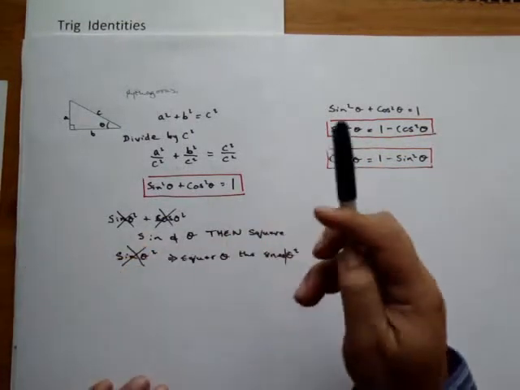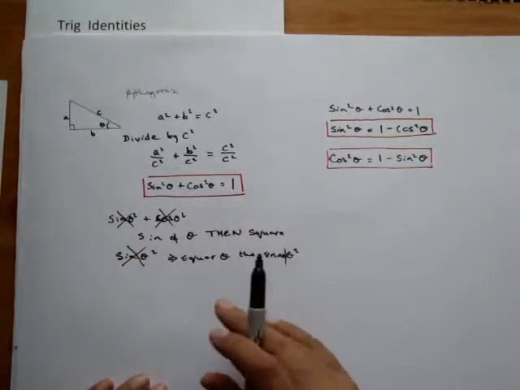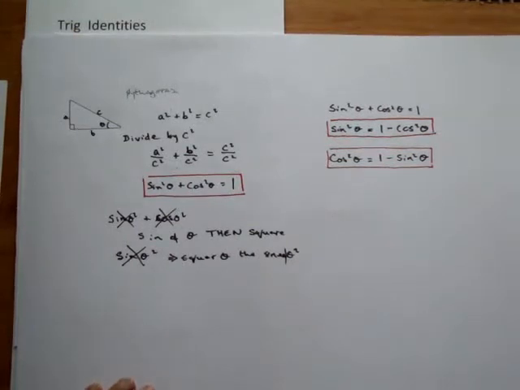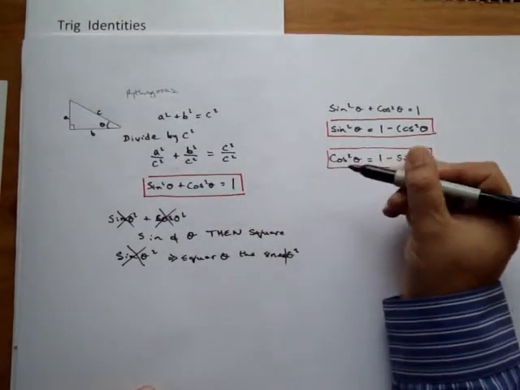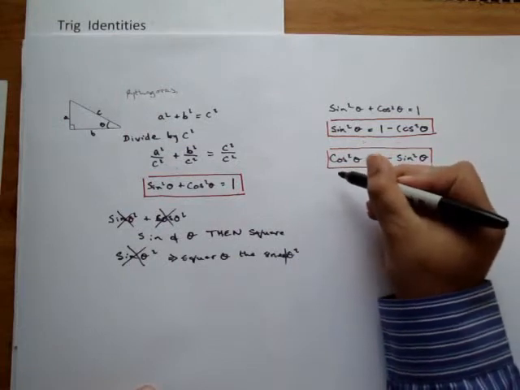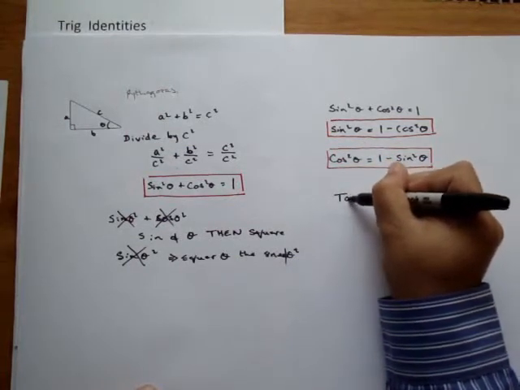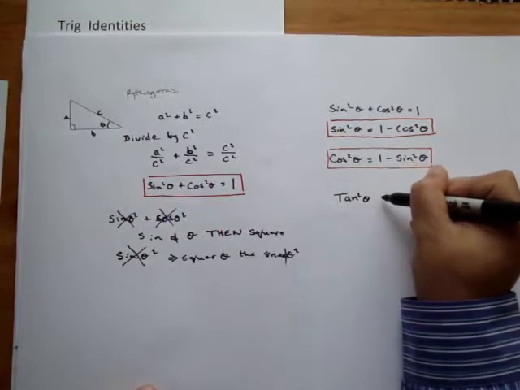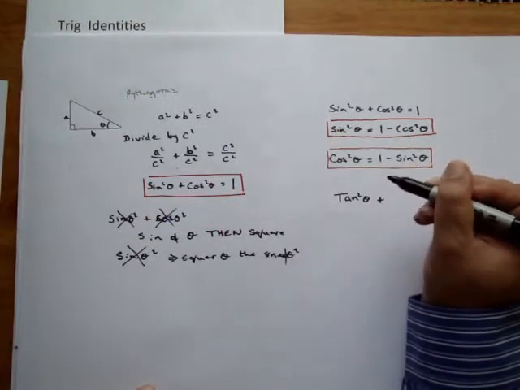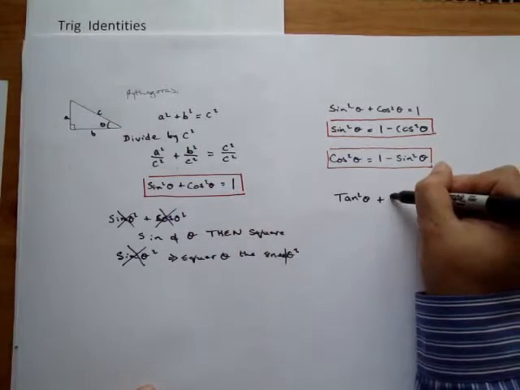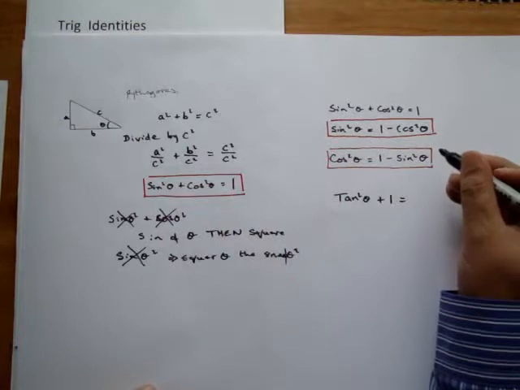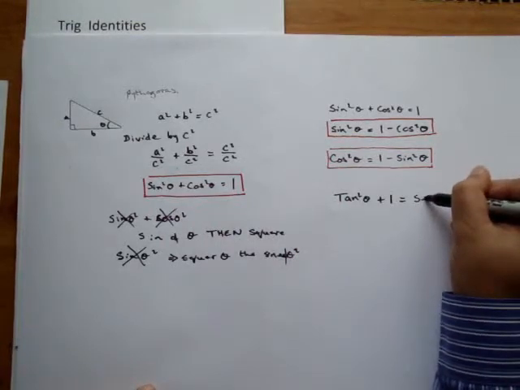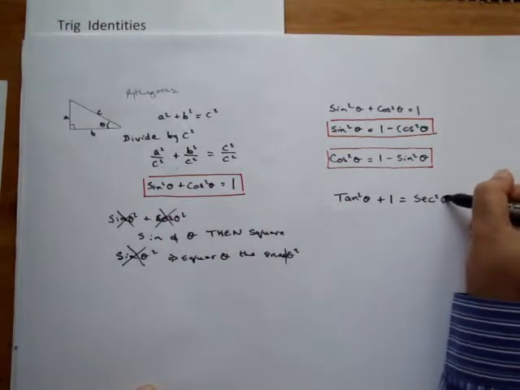Now if we divide sine squared theta plus cos squared theta equals 1 by cos squared theta throughout, we get sine squared theta divided by cos squared theta is tan squared theta, plus cos squared theta over cos squared theta becomes 1, and this equals 1 over cos squared theta, which is sec squared theta.